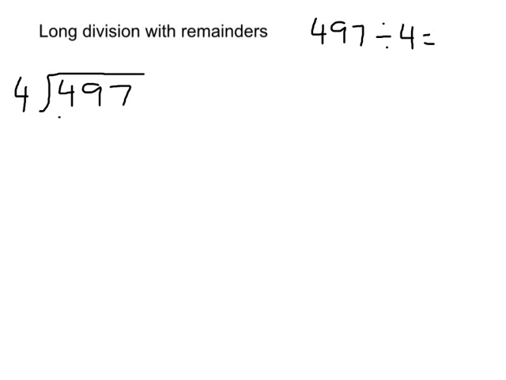So this means that we're going to be going this way when doing this equation. So, when we are doing division, we have to think of ourselves how many groups of 4 can go into 497. Now, we're going to break this down into each step.